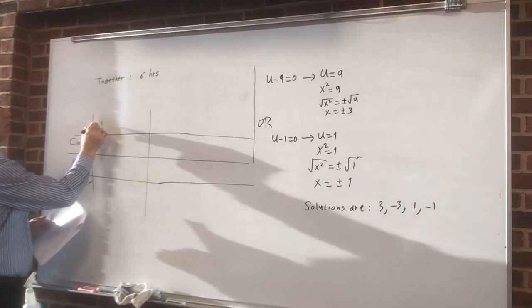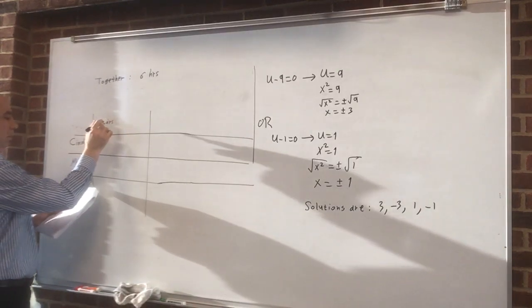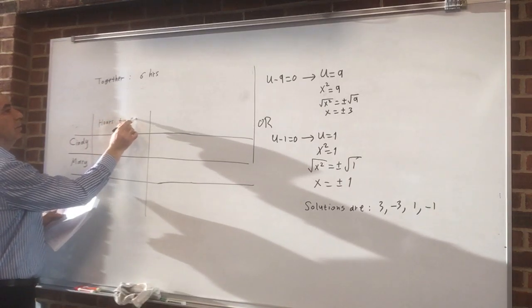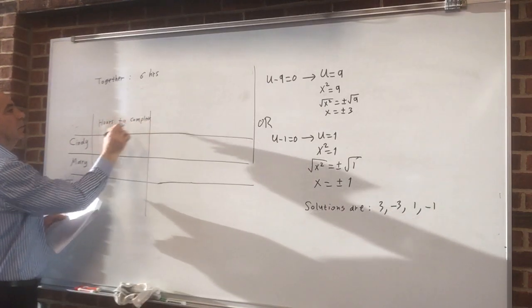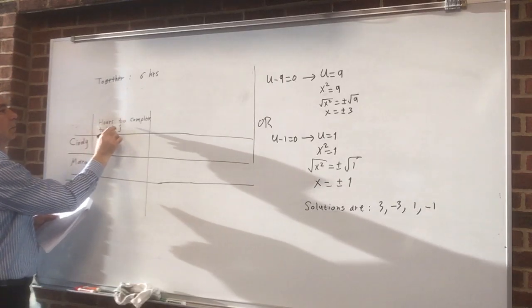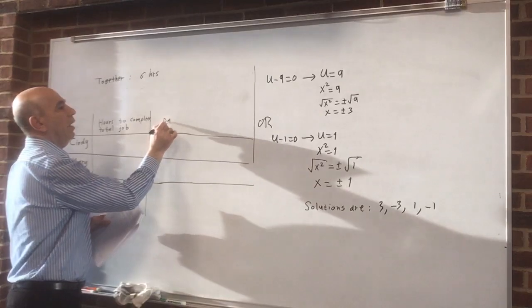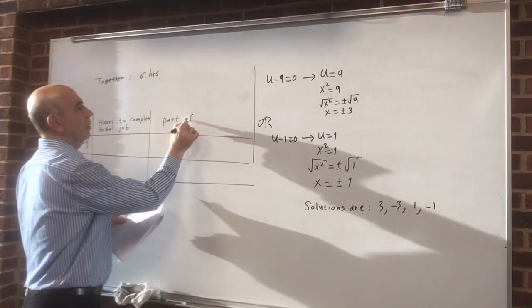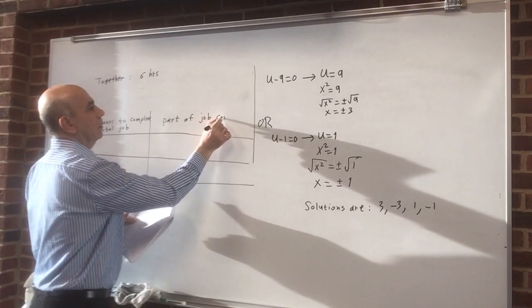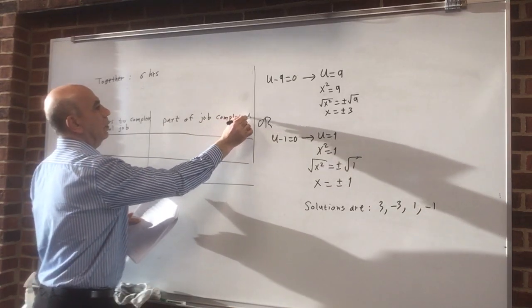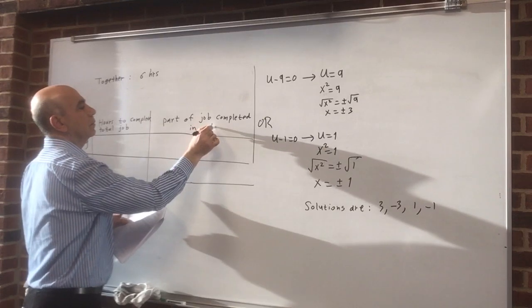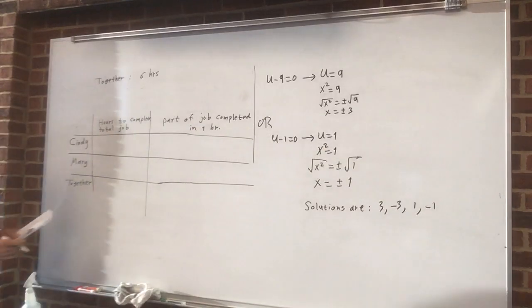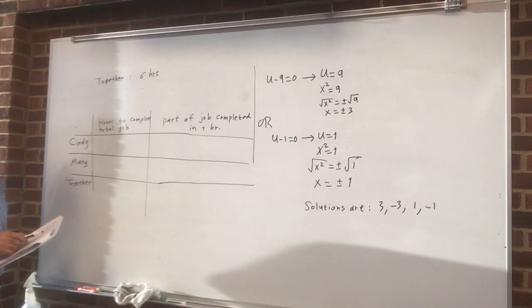Hours to complete the total job, then part of the job completed in 1 hour. So here, if they work alone, Mary takes 2 hours faster than Cindy to complete the same job.